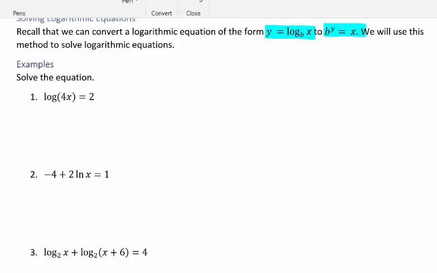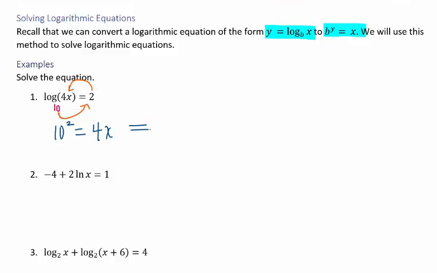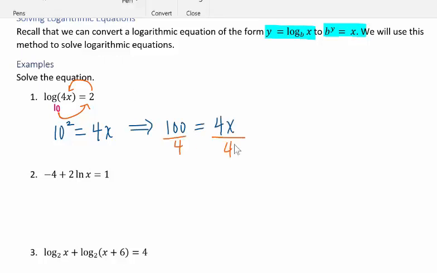Recognizing that this is a common log, the base is 10, we convert to exponential form. So 10 to the second is equal to 4x, or 100 is equal to 4x, and dividing both sides by 4, we find that x is just 25.